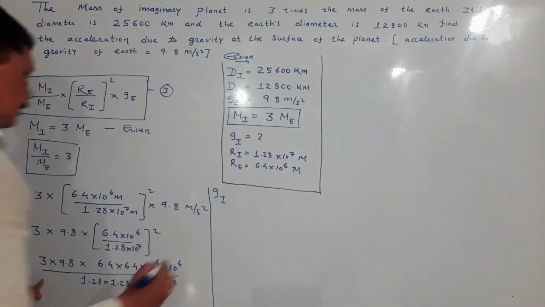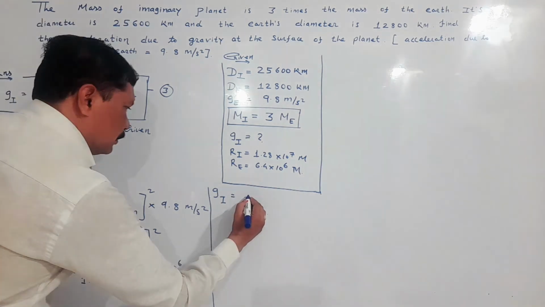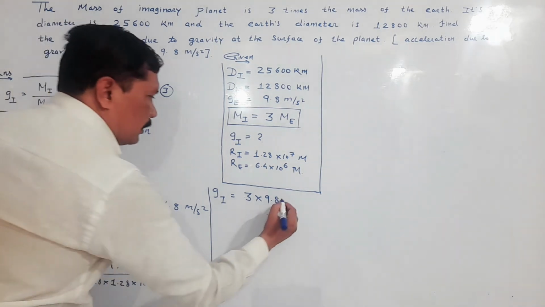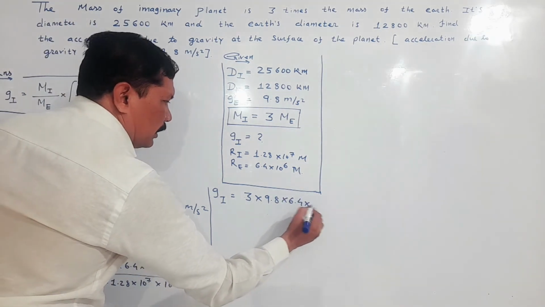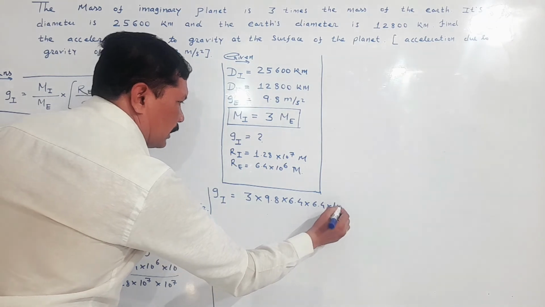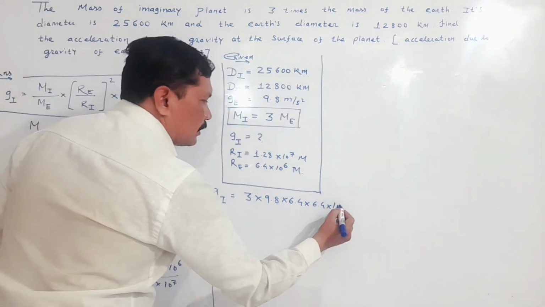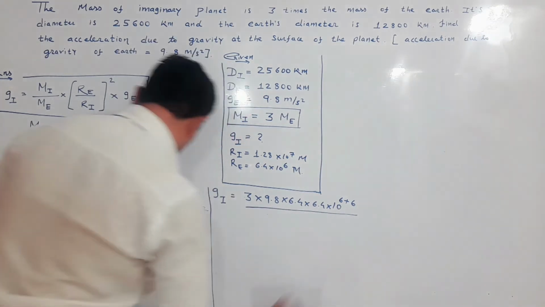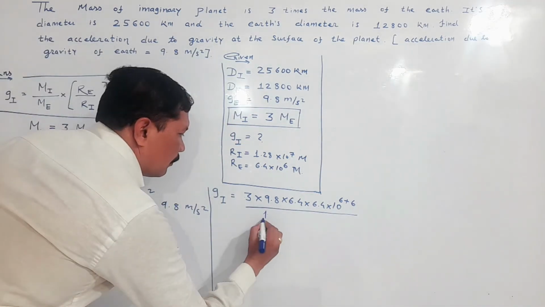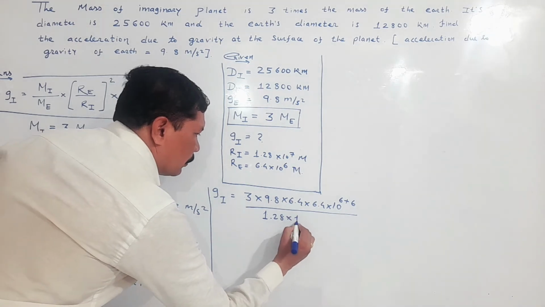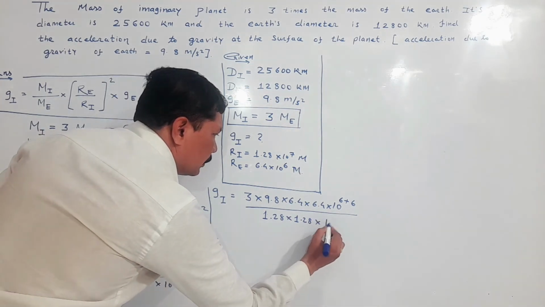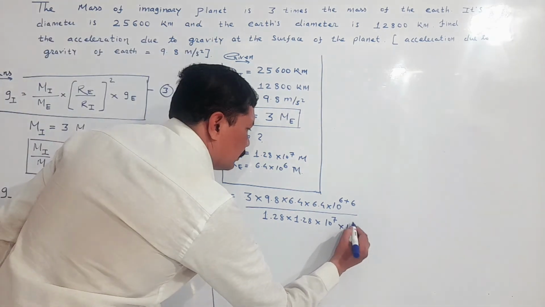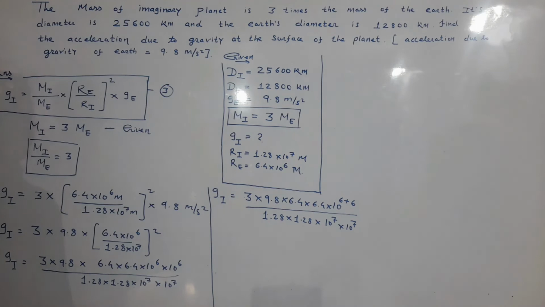Gi is equal to 3 into 9.8 into 6.4 into 6.4 into 10 to the power 6 plus 6, divided by 1.28 into 1.28 into 10 to the power 7 into 10 to the power 7 we can write.